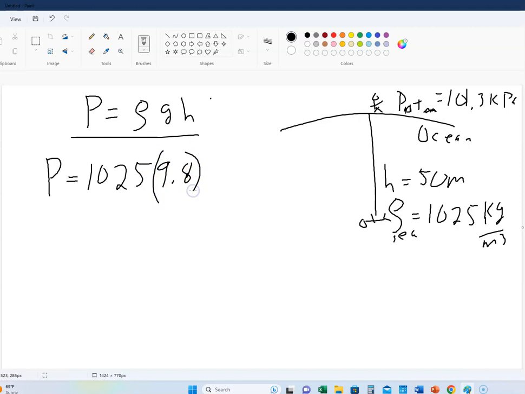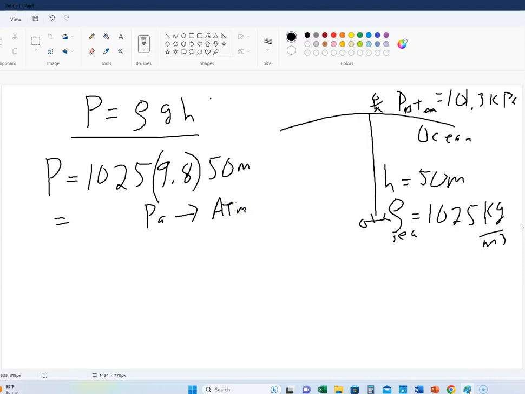Meters per second squared, and the depth here is going to be 50 meters. This will give us an answer in Pascal, but I want to convert that into atmospheres. So if you're at a depth of 50 meters, how many atmospheres do you feel?